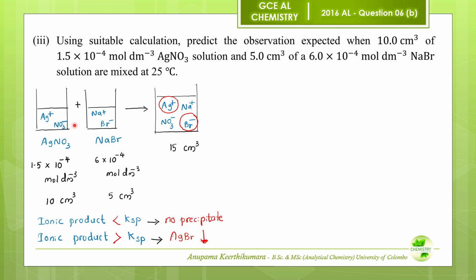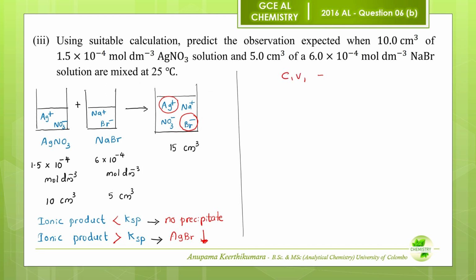But when these two solutions are mixed together, the final volume increases and therefore these two concentrations will decrease because of the dilution effect. Therefore, the first thing we have to do in these types of questions is calculate the diluted concentration of Ag+ ions and the diluted concentration of Br- ions in this mixture.